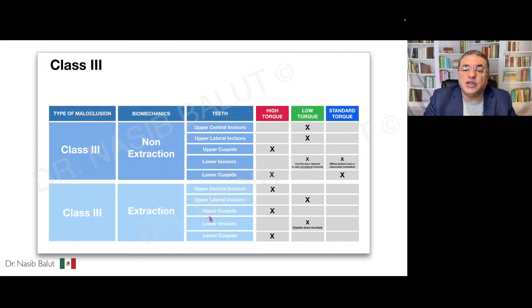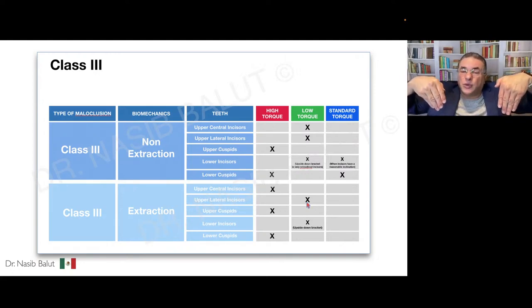So I will be using a high torque in the upper anteriors. On the upper laterals, I always like to place low torque brackets because I don't want to end up with proclined laterals.